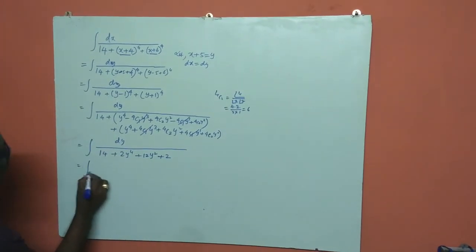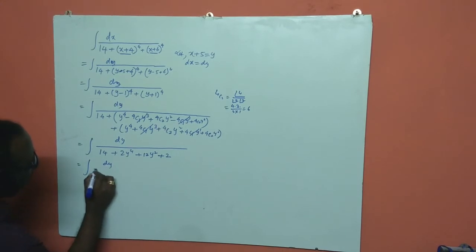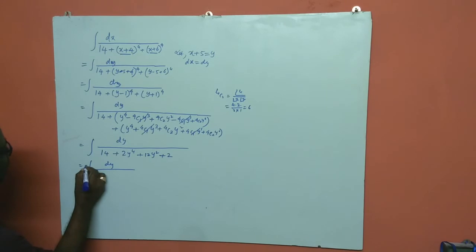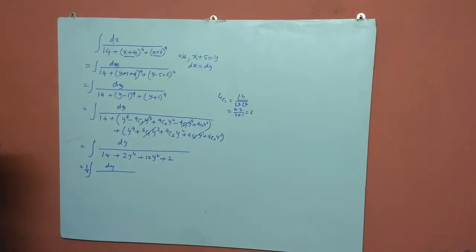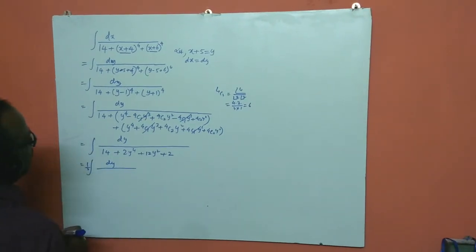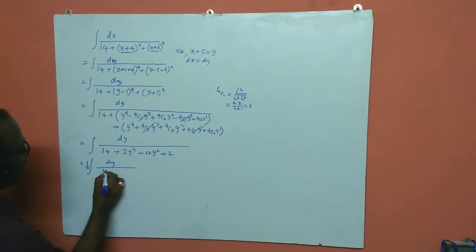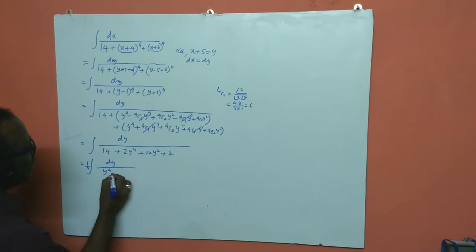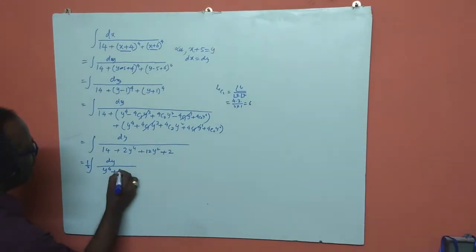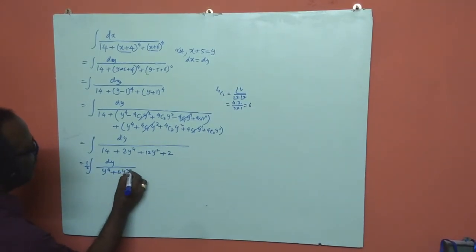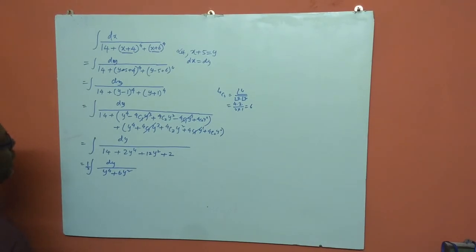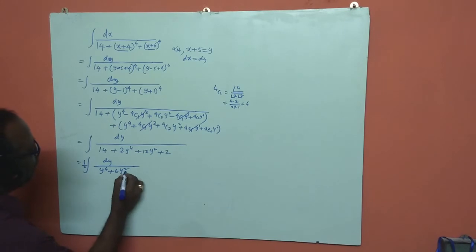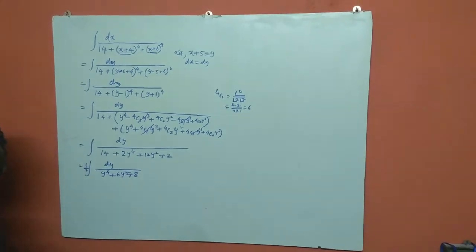And now look here, dy by, taking common 2 from the denominator part, this is y to the power 4 and this is 6 y square, and this is 16, taking common 2 and 8.